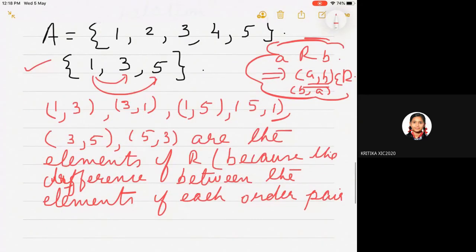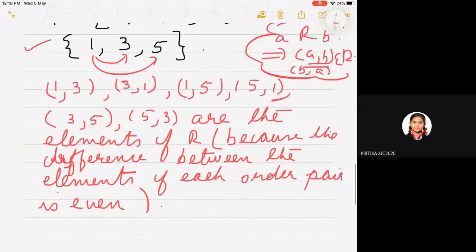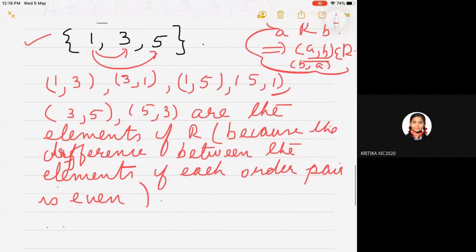Okay, so these are the elements of R. Therefore, we can say that every element of {1, 3, 5} are related to each other.